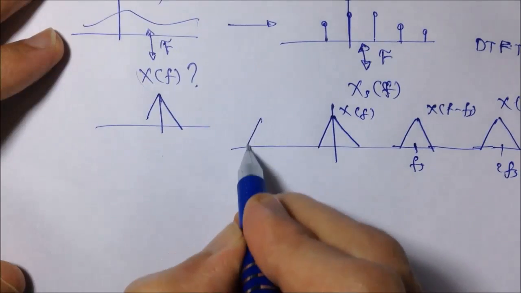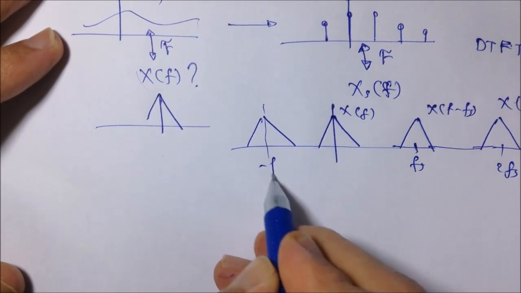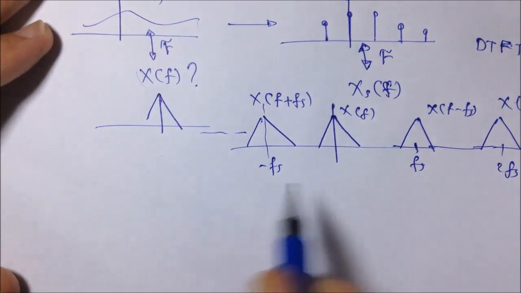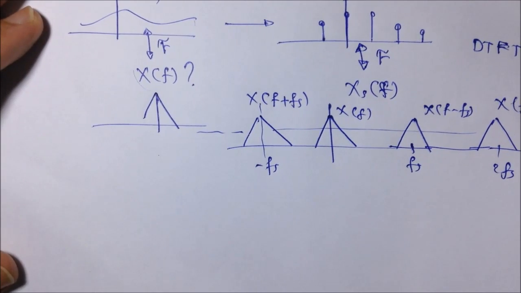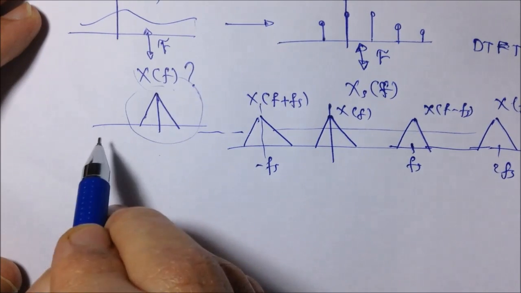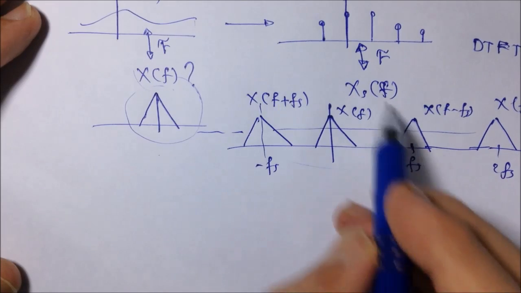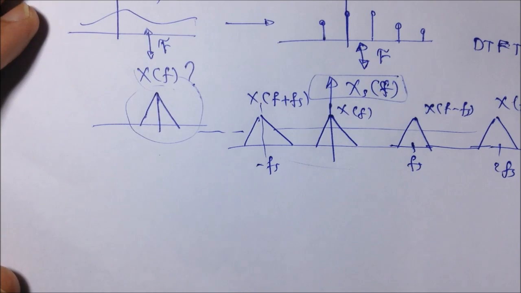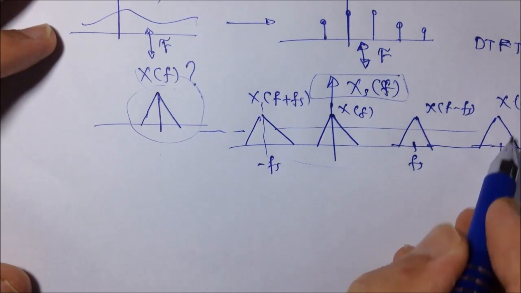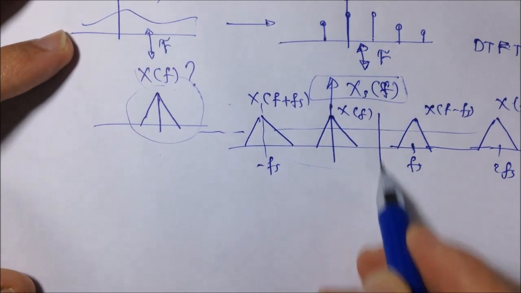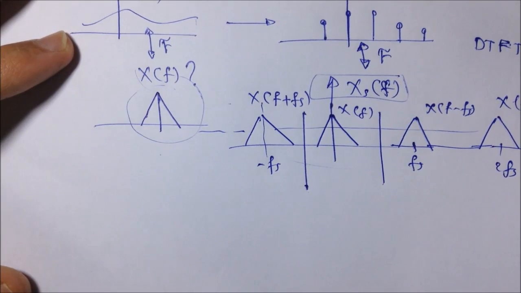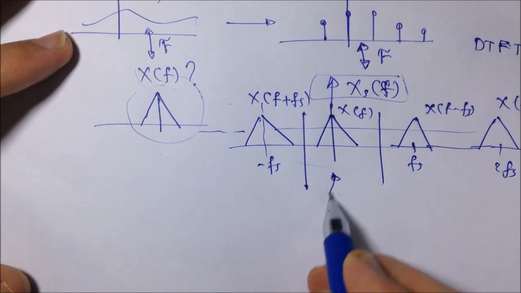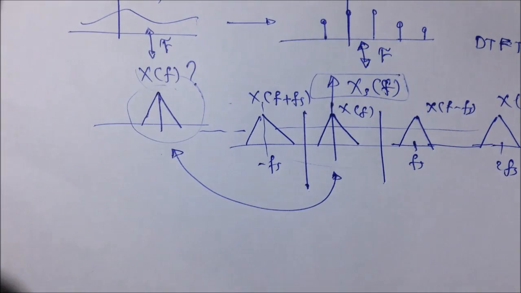And at minus fs we have X of f plus fs, and so on. So this is the original spectrum, and this is the spectrum of the sampled signal Xs of f. If we neglect those replicas and focus on this fundamental part of the signal, it is similar to the original spectrum.